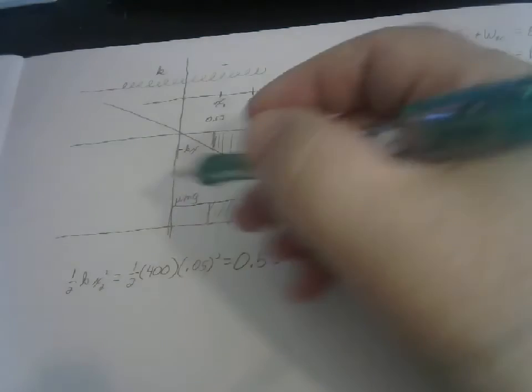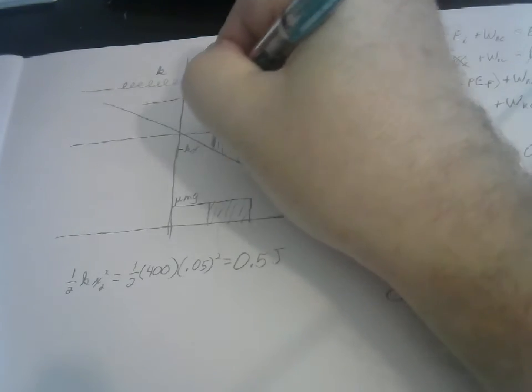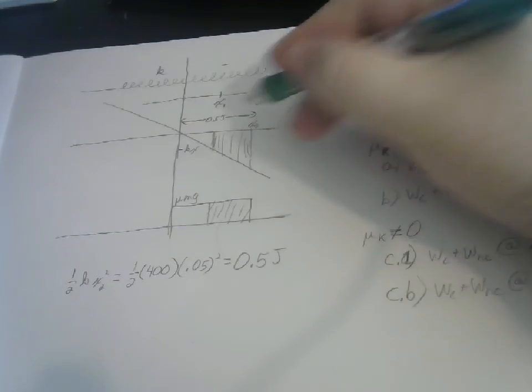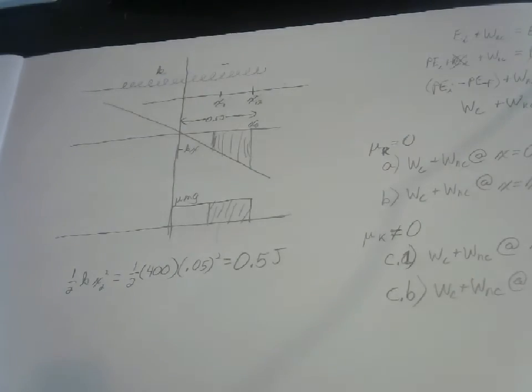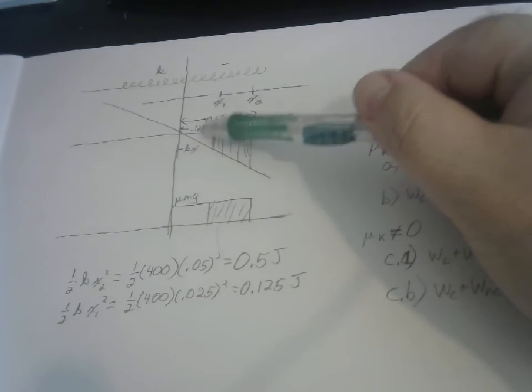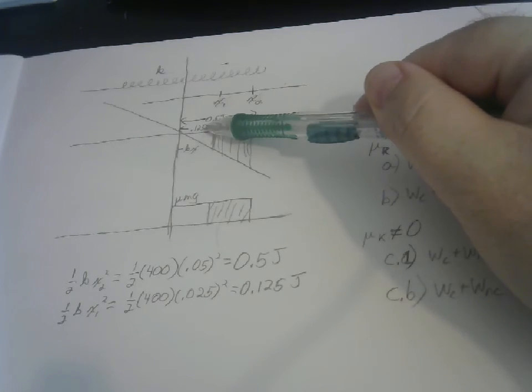So doing some calculations, 1/2 k x2 squared, the area of that whole triangle there, is 0.5 joules. And then 1/2 k x1 squared is the area of this triangle here, which comes out to be 0.125 joules.